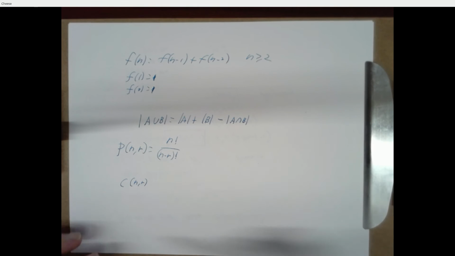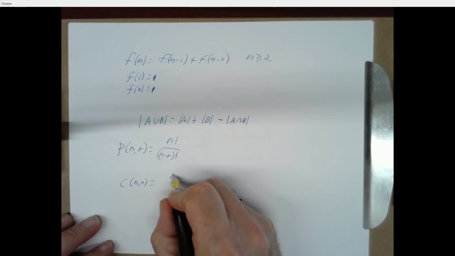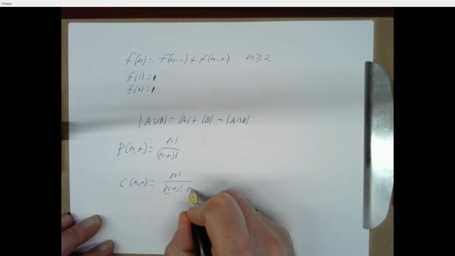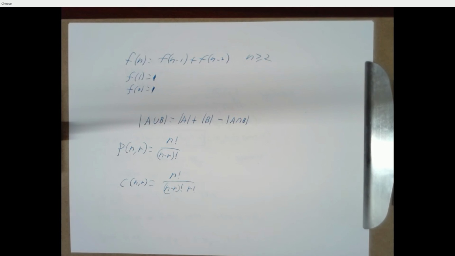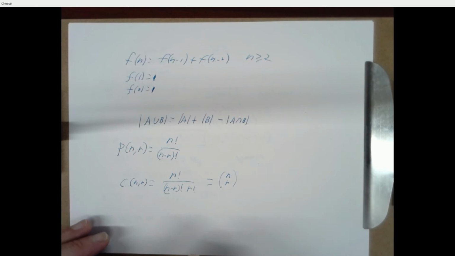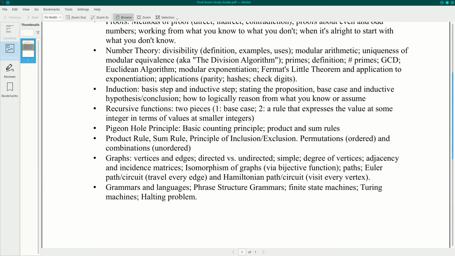So if you don't care about the order, if you're just trying to choose, then you have to divide out by the number of ways that you can rearrange those r elements that you picked. So you get this different formula. And this is also written as this. And then this pops up in Pascal's triangle and binomial distribution and all kinds of things, most of which we don't have to worry about.